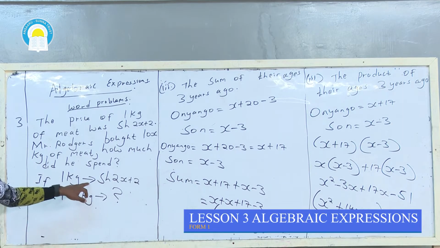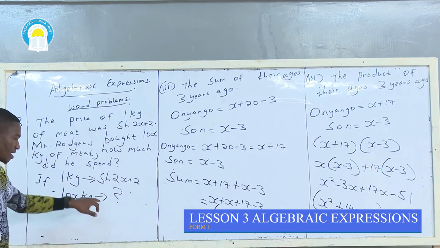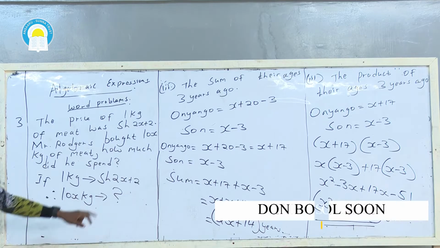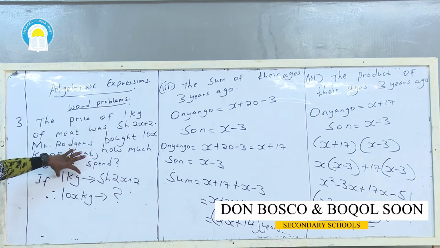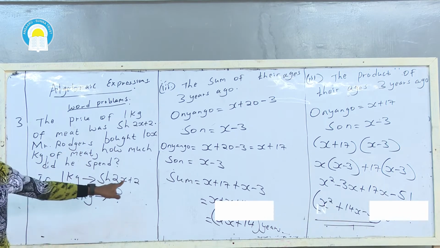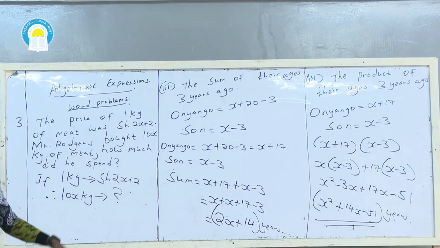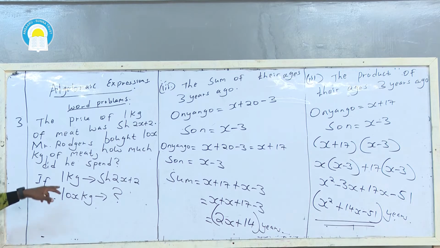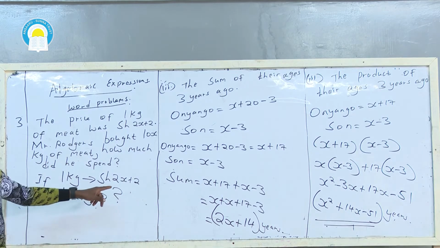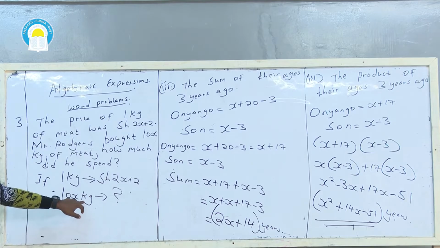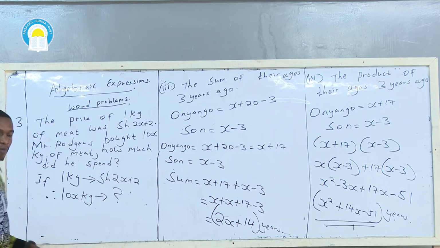Remember, we can never put equal sign here and here, because this one is 1 kg. We cannot say it equals shillings. There's no way kg can be equal to shillings. So we use arrows there. We say if 1 kg of meat is equivalent to 2x plus 2 shillings, therefore, 10x kg of meat will be how much?